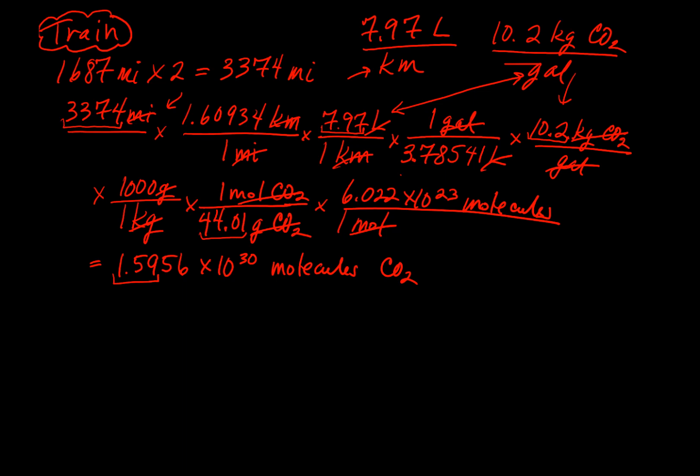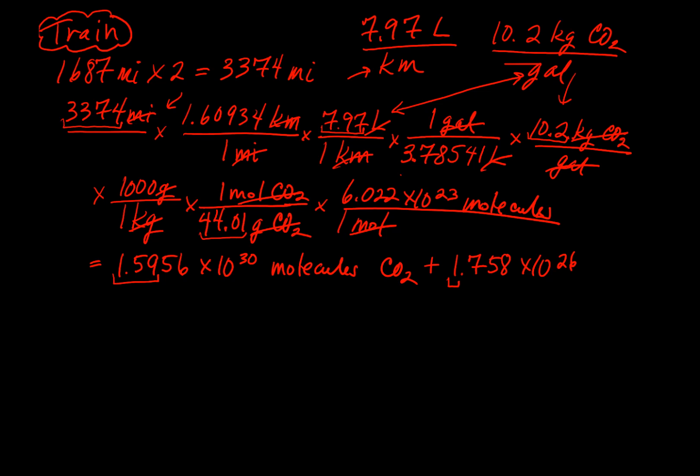We're going to bring the number for the EV into the picture and add these two together. So the student emits 1.758 times 10 to the 26th molecules of CO2 driving the EV. Oh, hold on.